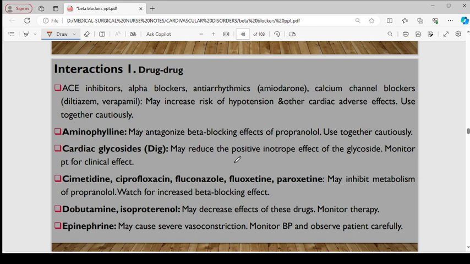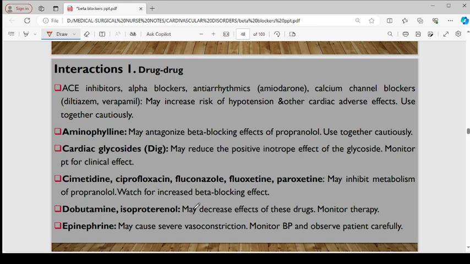Drugs like cimetidine, ciprofloxacin, fluconazole, fluoxetine, paroxetine may inhibit metabolism of propranolol, so you have to watch for increased beta blocking effect. While drugs like dobutamine and isoproterenol might decrease the effects of these drugs because dobutamine is a beta-1 agonist.